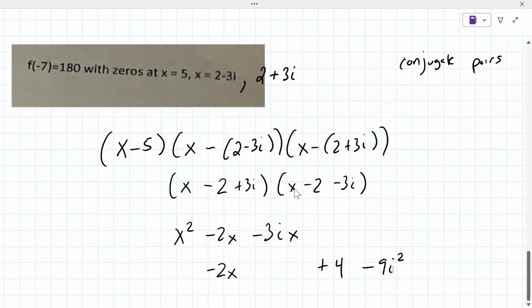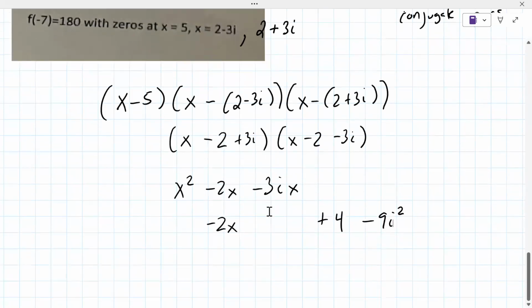Now we're going to take this 3i and multiply it by x. So that becomes 3ix. The order doesn't matter. 3i times minus 2 is minus 6i. That's weird. Did I miss something?